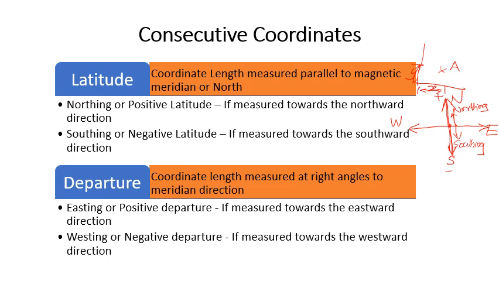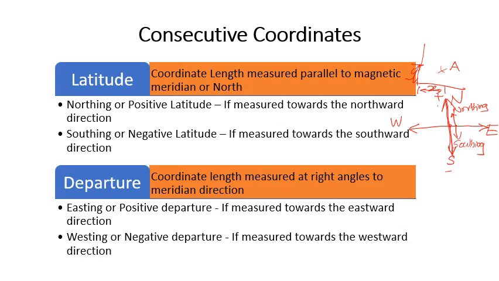Now let us see what is departure. Departure is the length which is measured perpendicular to the meridian direction. North-south is considered as the meridian direction. So any direction which is perpendicular to the north-south line will definitely be the east-west direction, right?